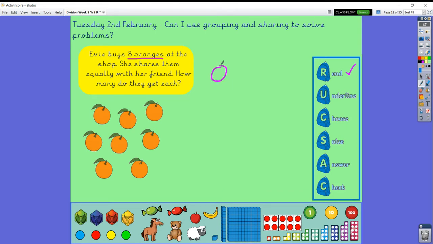So I've got Evie here. I'm just going to draw Evie, and I'm going to draw her friend, just to help me understand. And shares is an important word as well. So I've underlined some important information and I've drawn a little picture to help me.